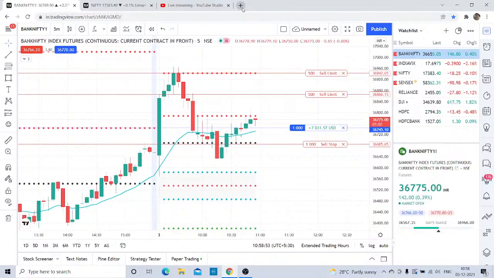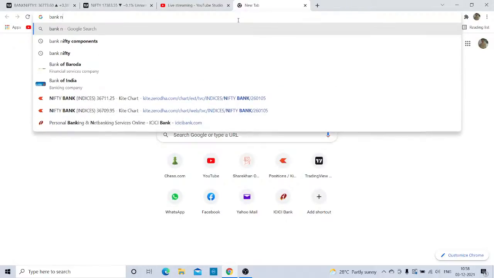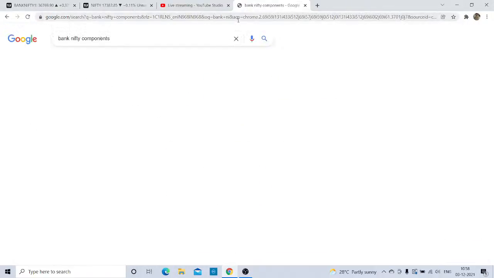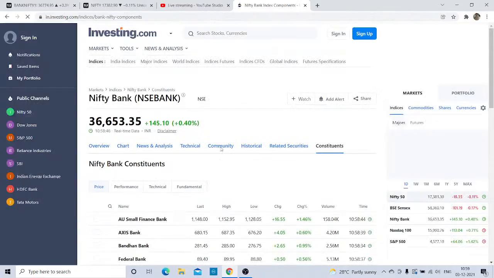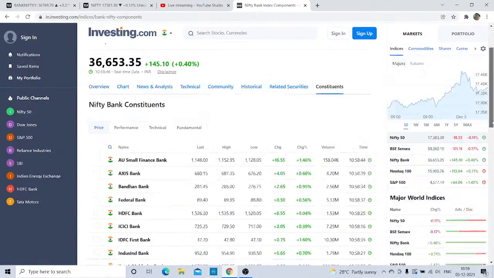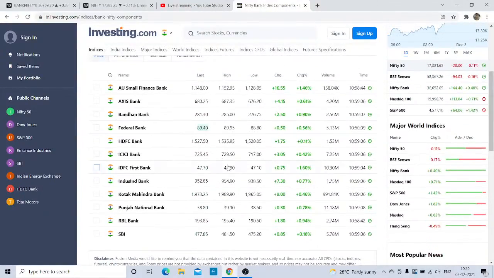Let's see the components of Bank Nifty, the contributors. All are in green.